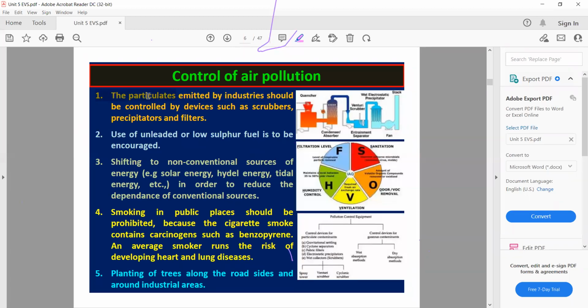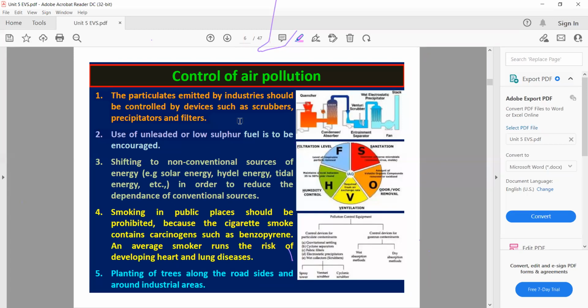First point is what? The particulates emitted by industries should be controlled by devices such as scrubbers, filters, precipitators, and one more I'll add to it, electrodes. As I was telling you just now, electrodes are placed at the mouth of the chimneys. You know what will happen? The air that comes out gets filtered.